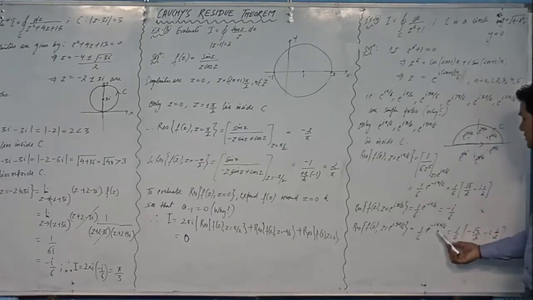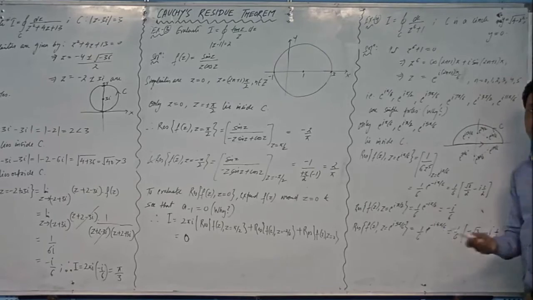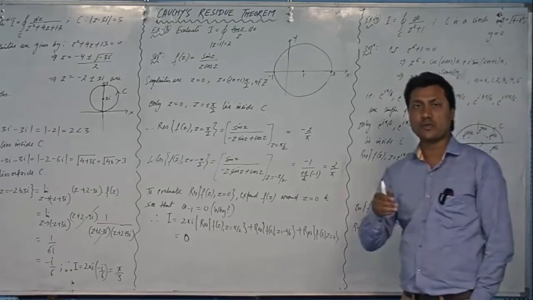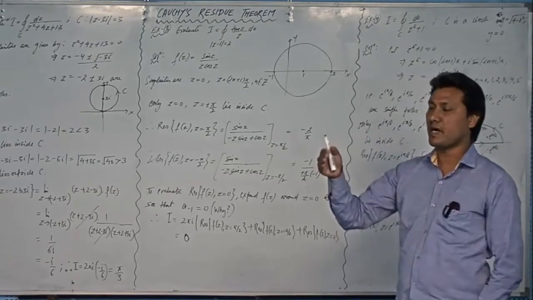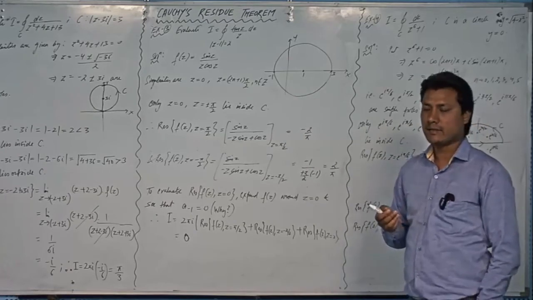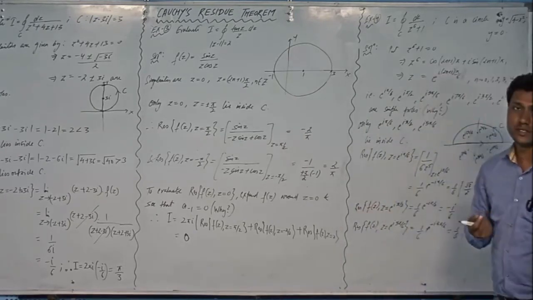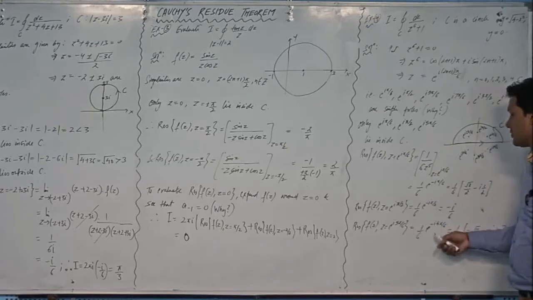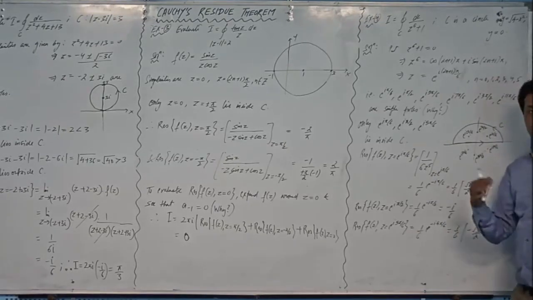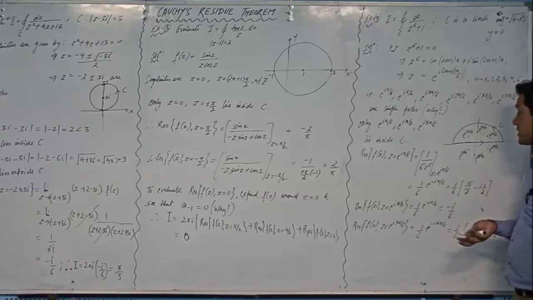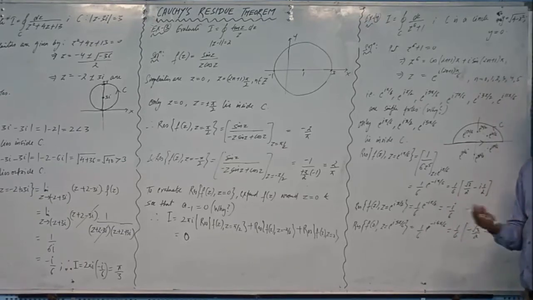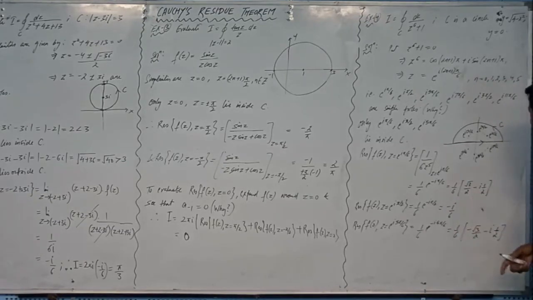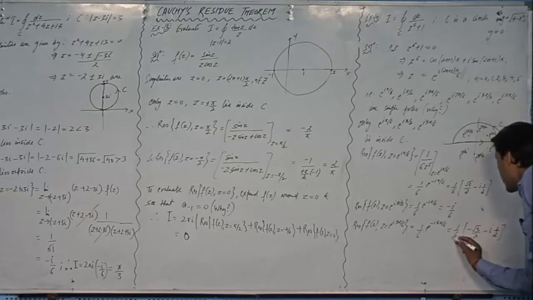Just use the formulas for cos and sin to evaluate cos of 5π/6. Cos 5π/6 is equal to cos(π − π/6), and that will become minus cos π/6, because cos(π − θ) is minus cos θ, right? And similarly sin π/6 is equal to sin(π − π/6), that will become sin π/6, because sin(π − θ) is sin θ. You have to remember all of those trigonometric identities, right?